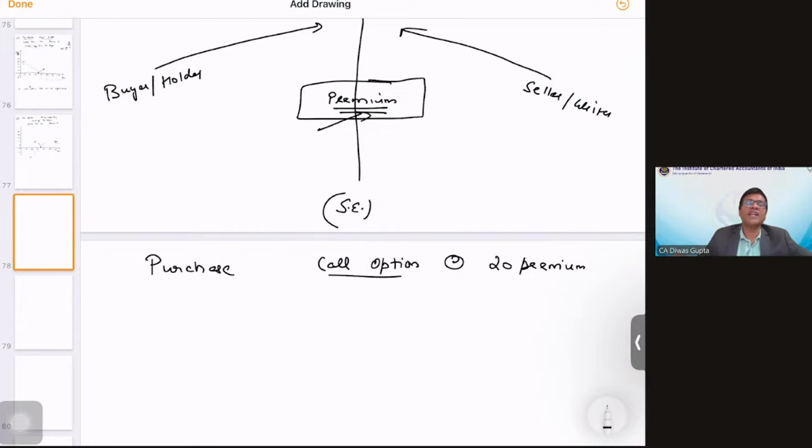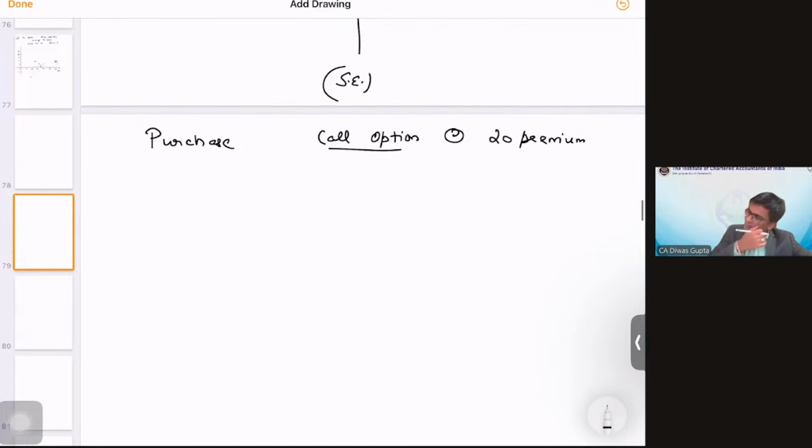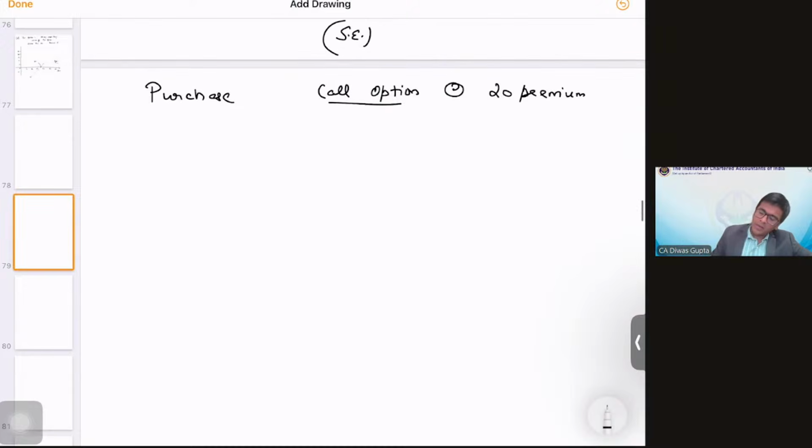Everything will be specified for that particular contract for which the premium is quoted.